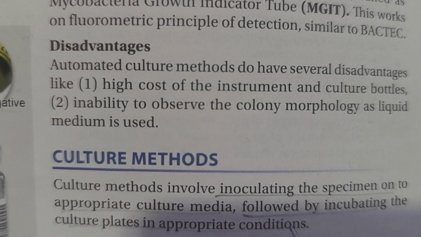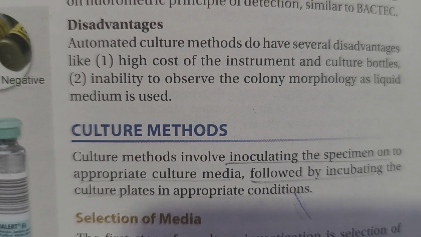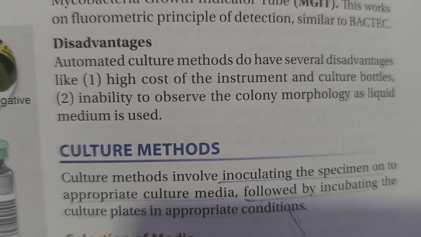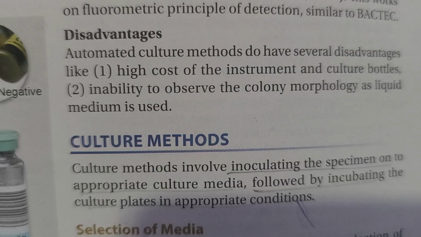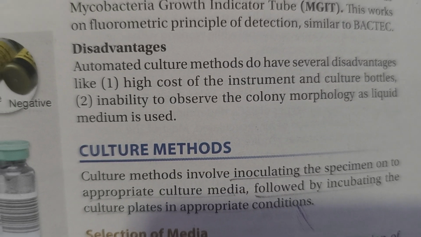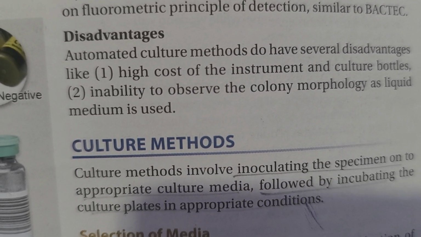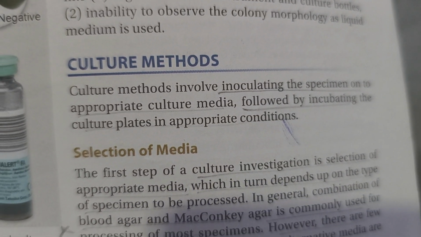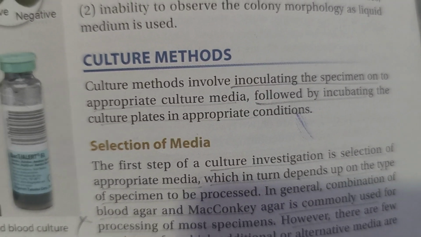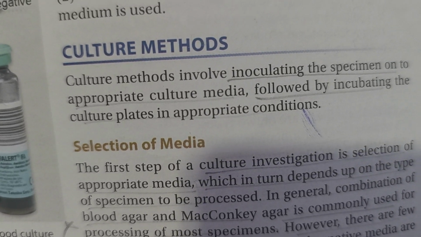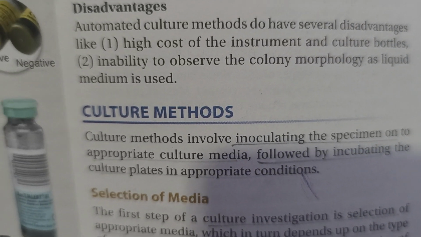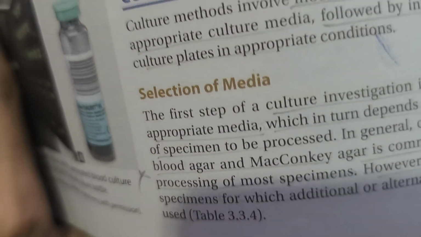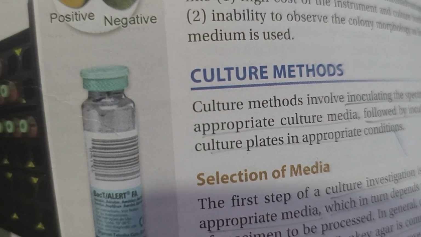Disadvantages: automated culture methods do have several disadvantages like high cost of instrument and culture bottles, inability to observe the colony morphology as liquid medium is used. Culture methods. Culture methods involves inoculating of specimen onto the appropriate culture medium, followed by incubating the culture plate in appropriate conditions.